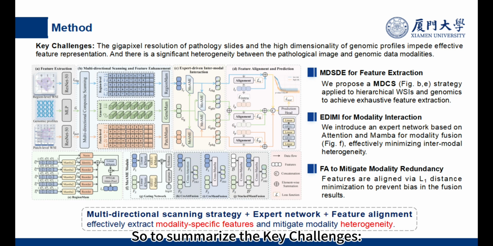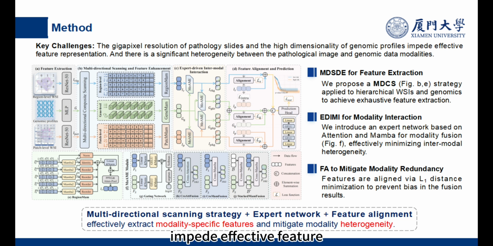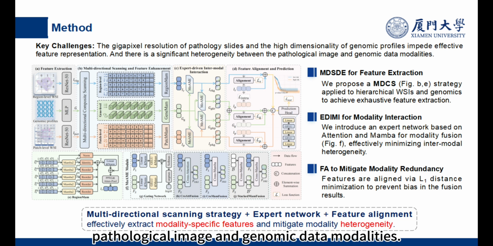So, to summarize the key challenges, the gigapixel resolution of pathology slides and the high dimensionality of genomic profiles impede effective feature representation. Furthermore, there is significant heterogeneity between the pathological image and genomic data modalities.